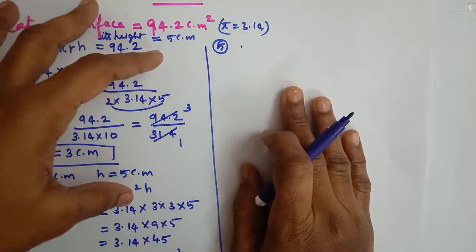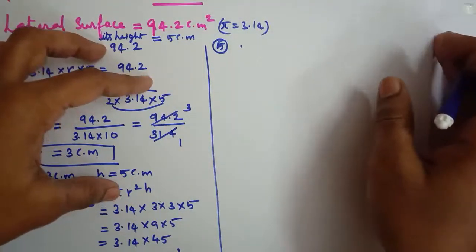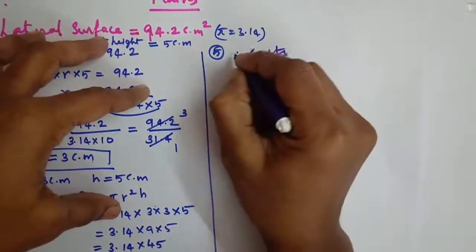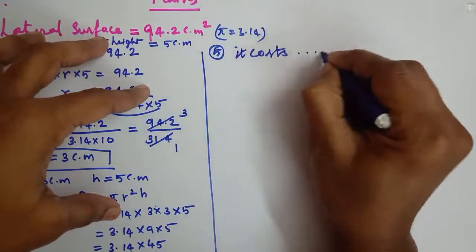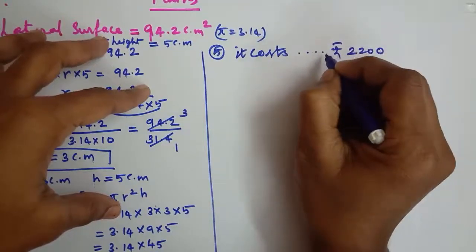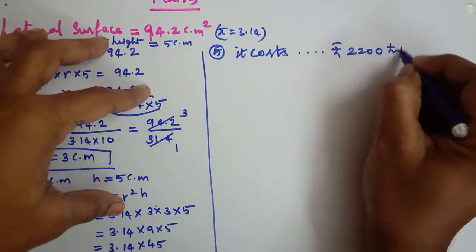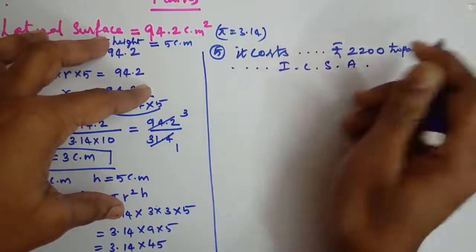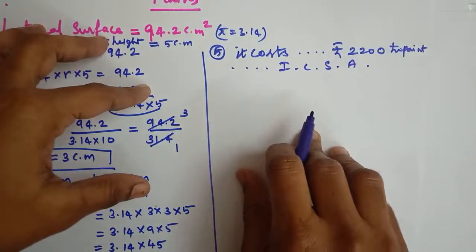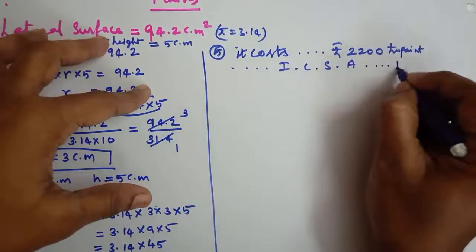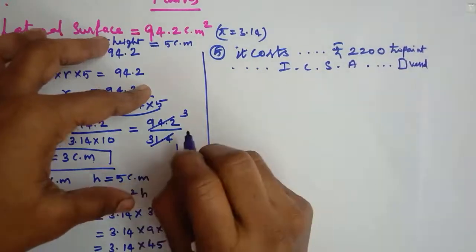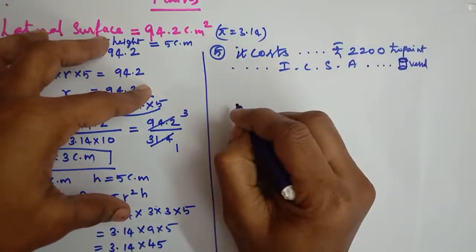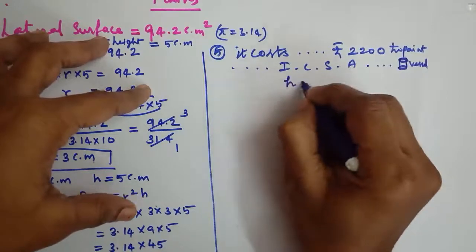It costs rupees 2,200 to paint the inner curved surface area of a cylindrical vessel 10 meter deep. Then the height is 10 meter deep, so height is equal to 10 meter.